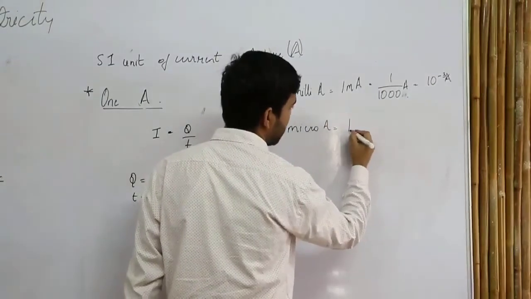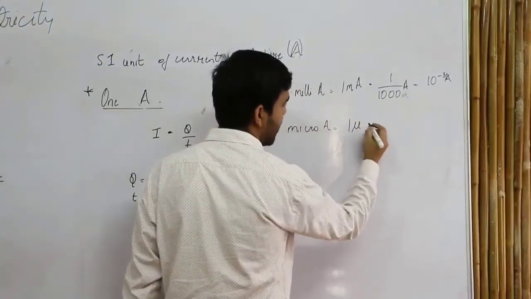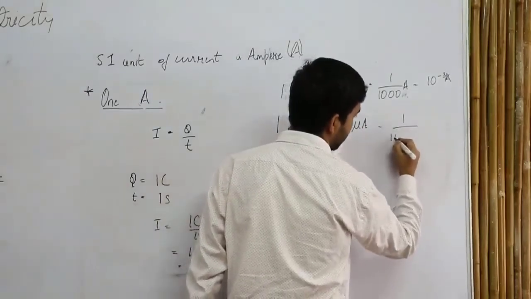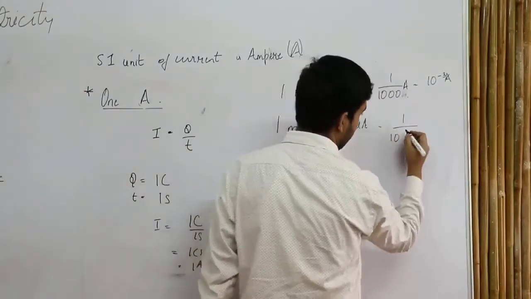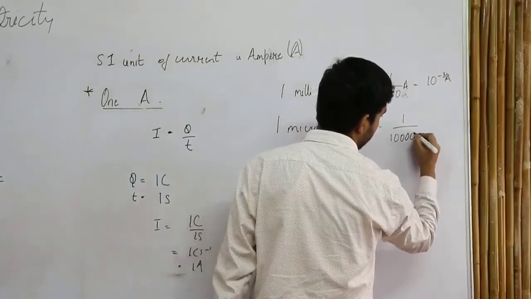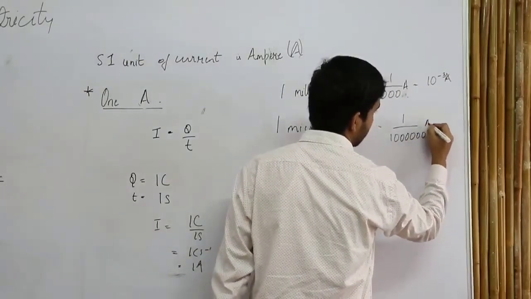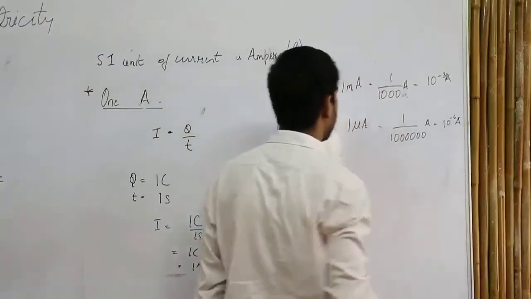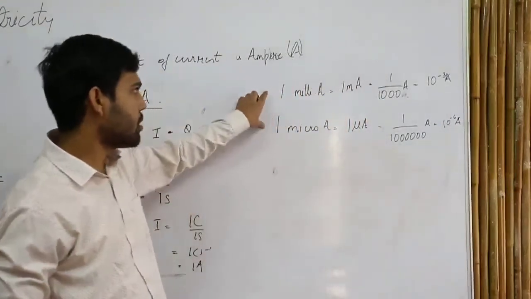I denote this by 1 µA. This is the symbol used for micro, mu A. This is 1 by 10 to the power 6 ampere. So I have 10 to the power minus 6 ampere. These are the smaller units of ampere.